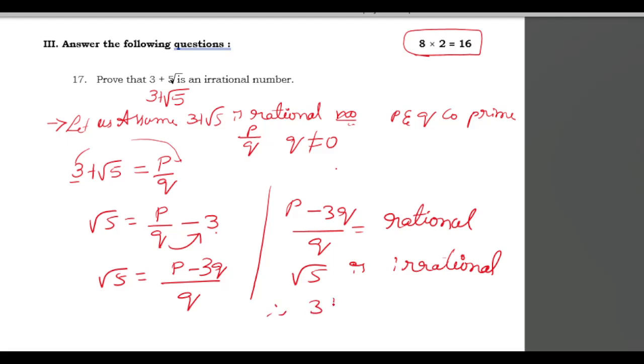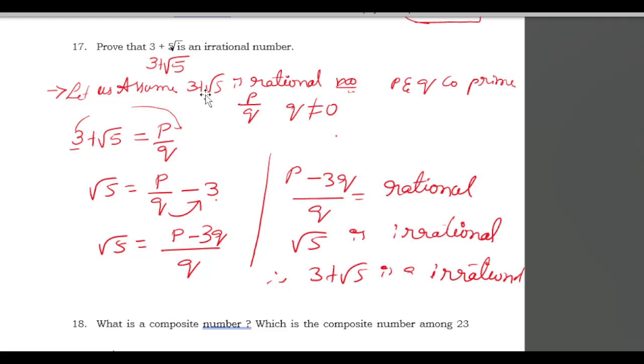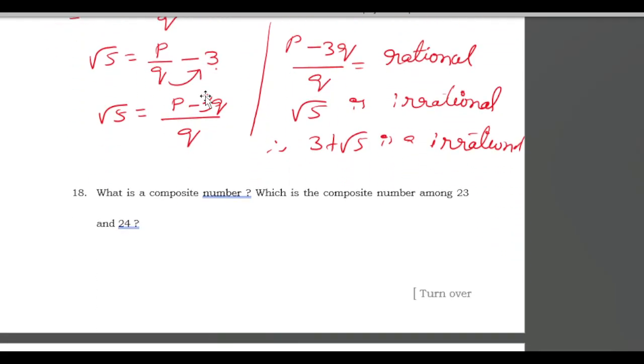Therefore, 3 plus root 5 is an irrational number. So this is the answer for proving that 3 plus root 5 is an irrational number.